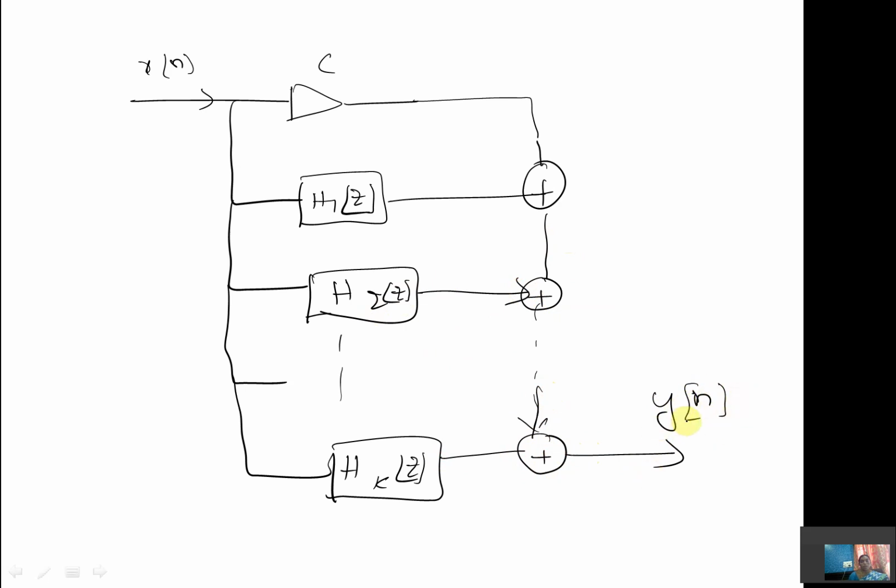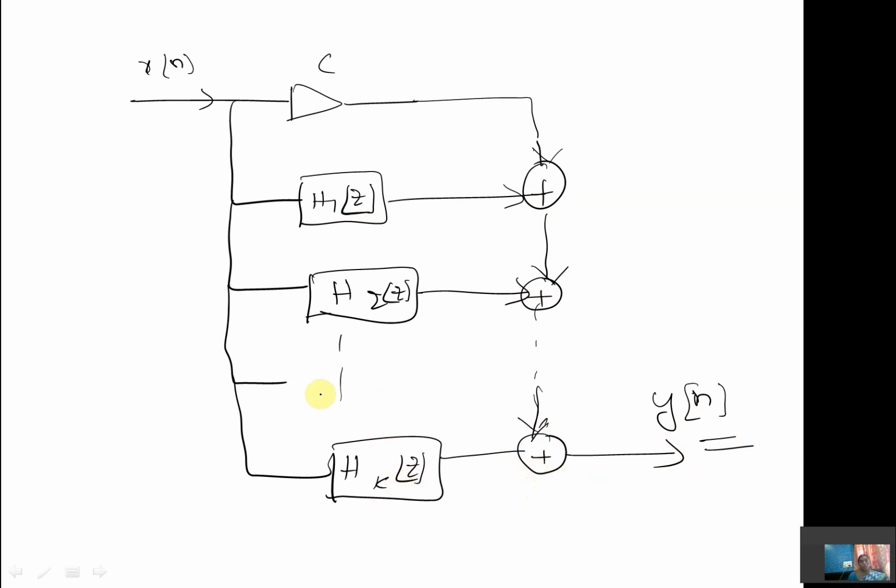That means y of n is nothing but c plus H1 of z plus H2 of z plus and so on Hk of z. In this way we can realize any IIR system with the parallel form.